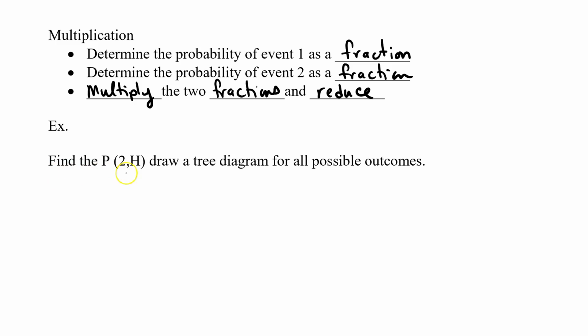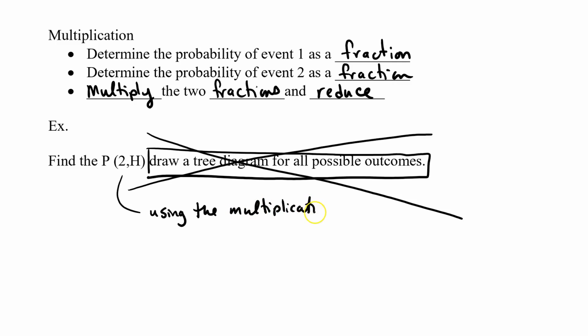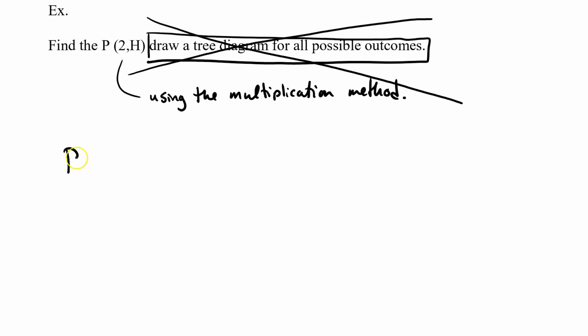So I'm going to take the exact same question, but instead of drawing a tree diagram this time, I'm going to say find the probability of rolling a 2 and tossing heads using the multiplication method. So the probability of rolling a 2 is going to be 1 over 6.